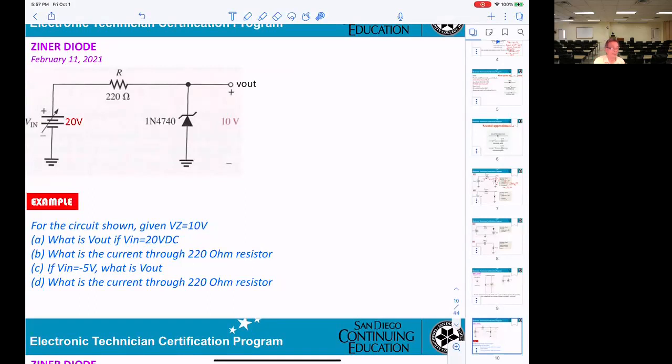For the Zener, if you don't know whether they break down or not, you cannot do anything. So my question for this circuitry: how do I know this Zener will be breakdown or not breakdown, or working normal, whatever?